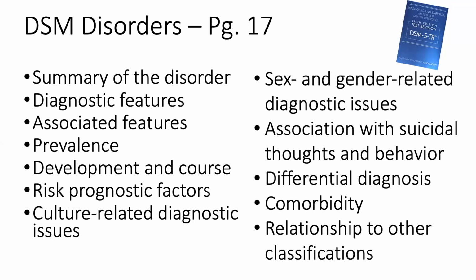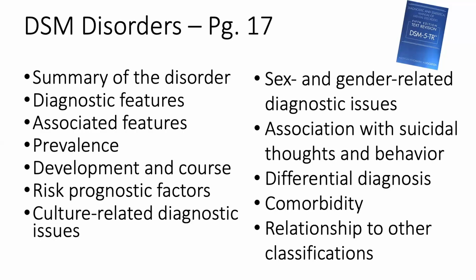So take a look at each of these headers. So you'll see primarily most of these for each disorder found in the DSM. And each disorder was studied, researched, and went through a pretty rigorous process by the leading experts in our field to come up with this current information that we use today.